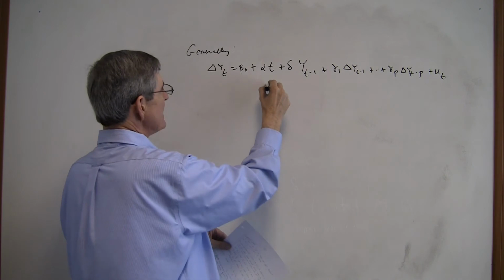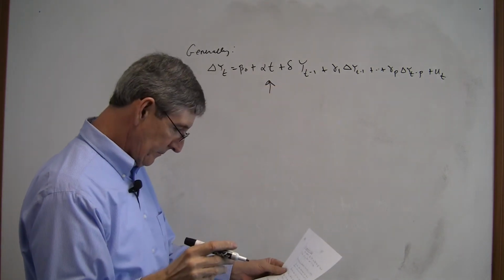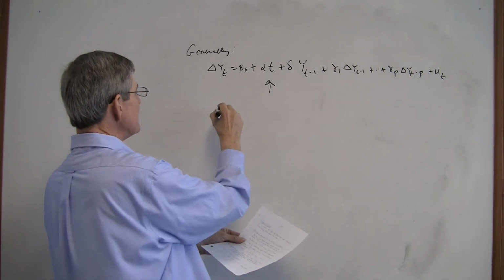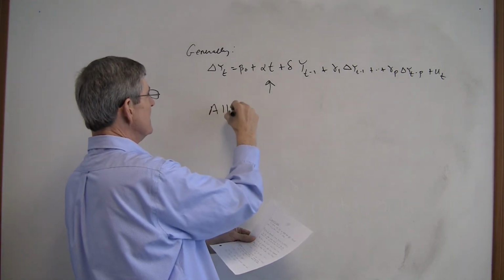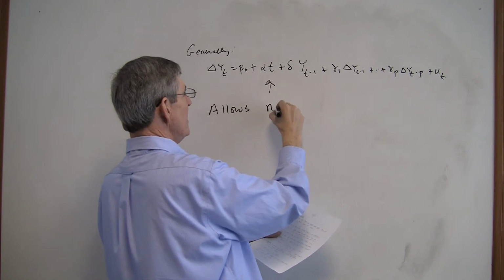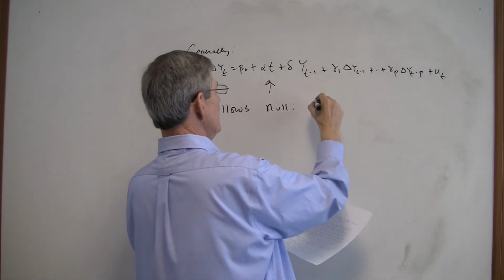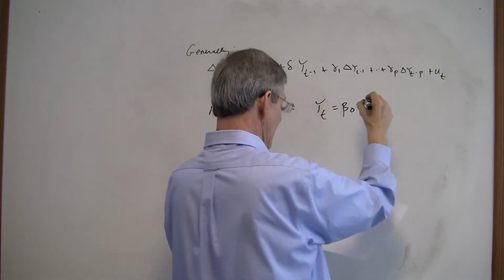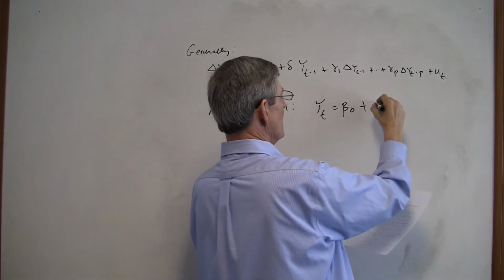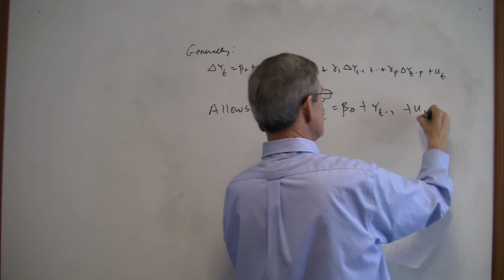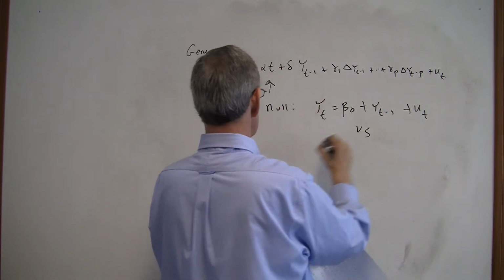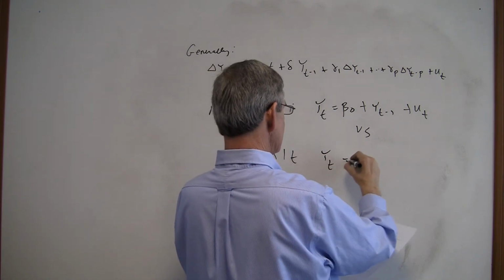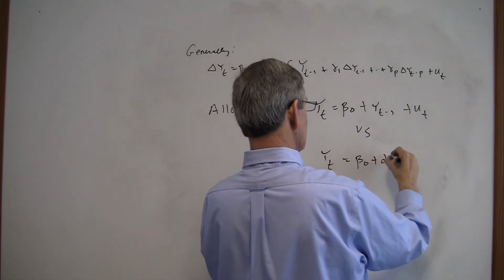So all we've done is add this alpha t term. What that does is it allows the null of a unit root, for an AR(1), y_t equals y_{t-1} plus u_t, versus the alternative that y_t has a deterministic trend.